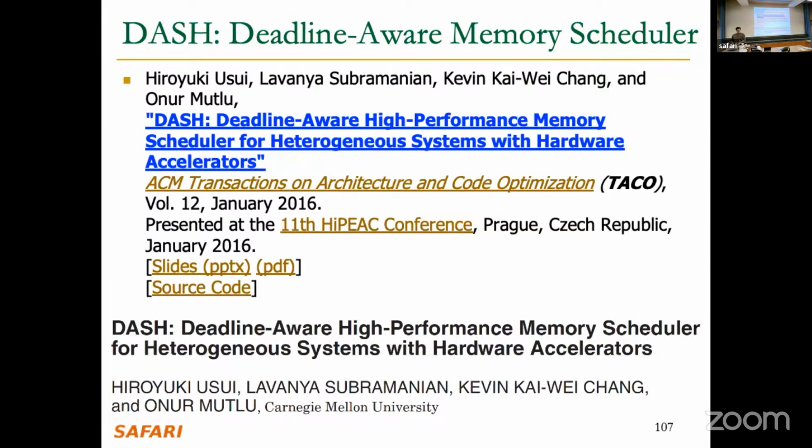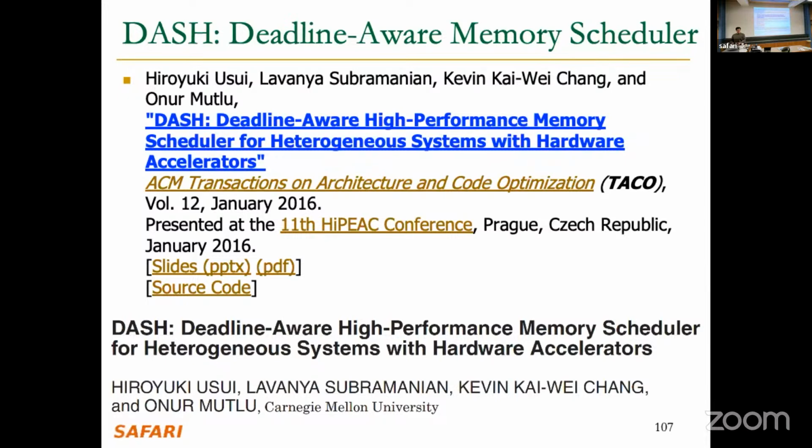In a heterogeneous system where you have these accelerators and the CPU requests, there are two problems. First, the hardware accelerators' requests often miss their deadlines, because the memory controllers that we have prioritize the hardware accelerators' requests only when you're very close to the deadline. And at that point, you have too many requests to schedule, so some of them will miss their deadlines.